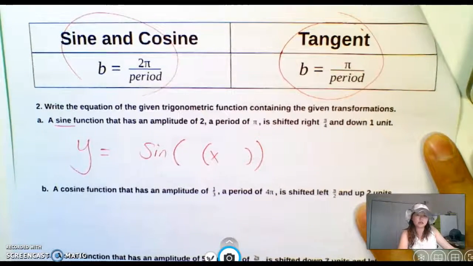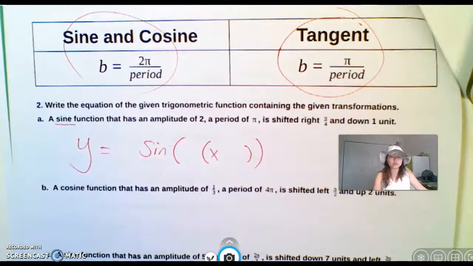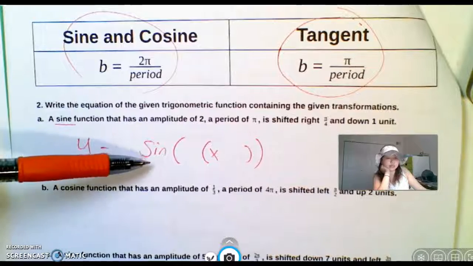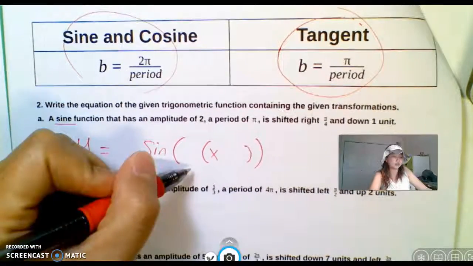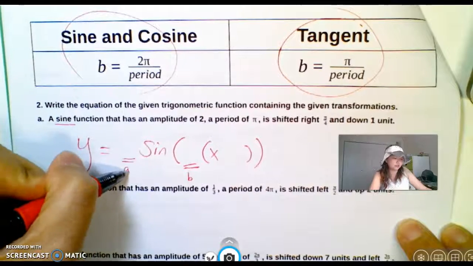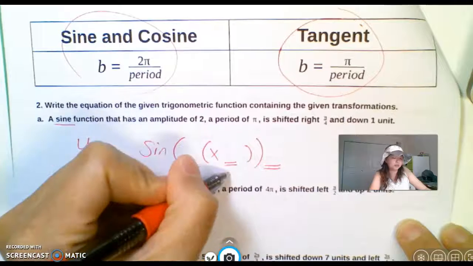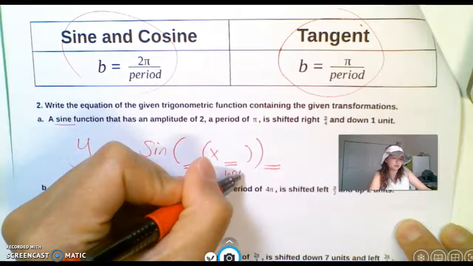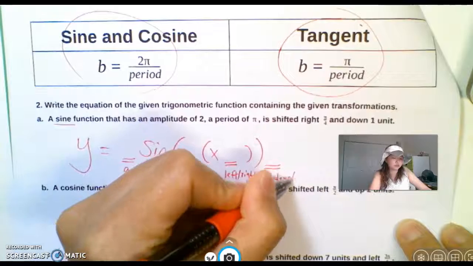This is how you should set it up, that way you don't make any mistake. Sometimes you might not have anything in the parentheses, but at least you know what to do. It's going to be sine, double parentheses, and an x. What goes right here? Yes, the b. Right here is the amplitude. Right here is the shift, left, right, up, down, right? So this is how I would set it up.